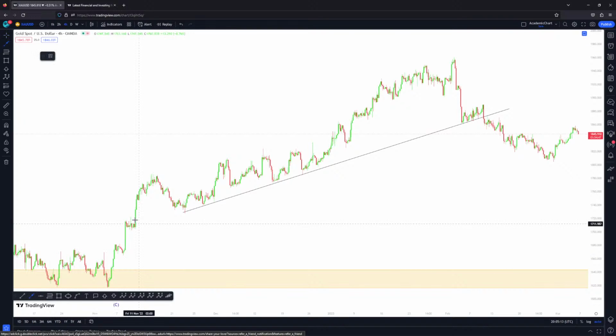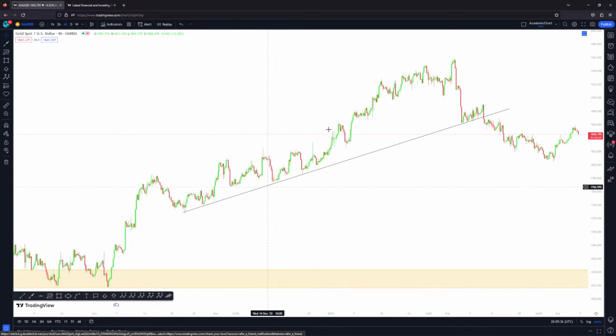So if this correction actually came to this level, it enters the territory of the first wave. Then if it continues to have the same thing, it is not an impulsive one, two, three, four, five. We are seeing the same thing here.